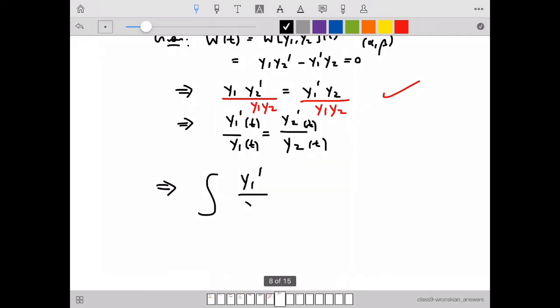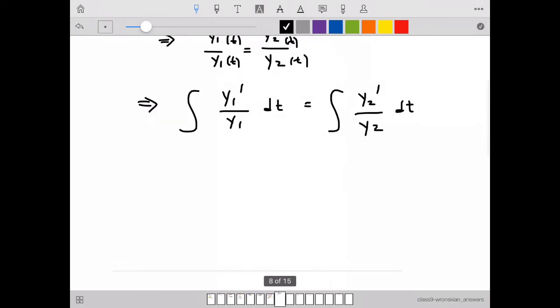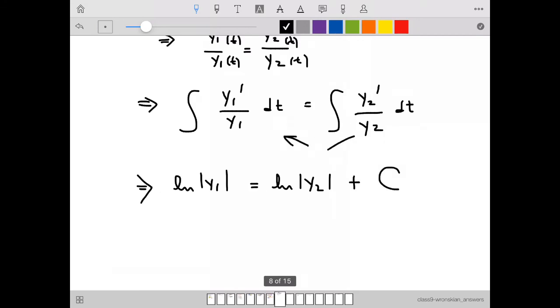The integral of y1 prime over y1 dt equals the integral of y2 prime over y2 dt. So this is ln absolute value y1 equal to ln absolute value y2 plus c. I'm gathering c here and c there together into this one c.